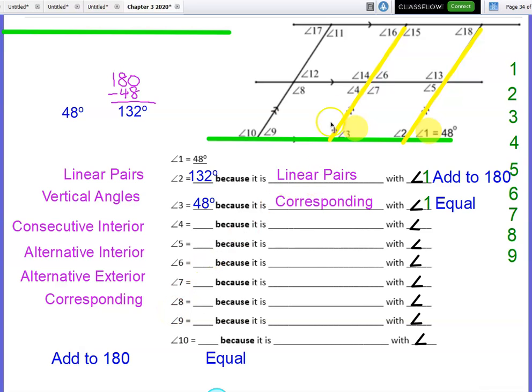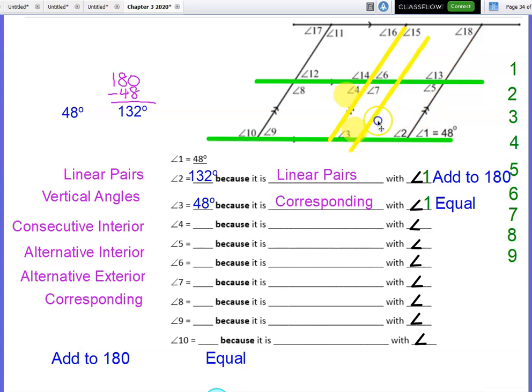Now let's go to angle 4. Is it possible to compare angle 4 with angle 1? No, they don't have a special name. So I need to try angle 2. Still no help. But if I go to angle 3, now they have a special name.